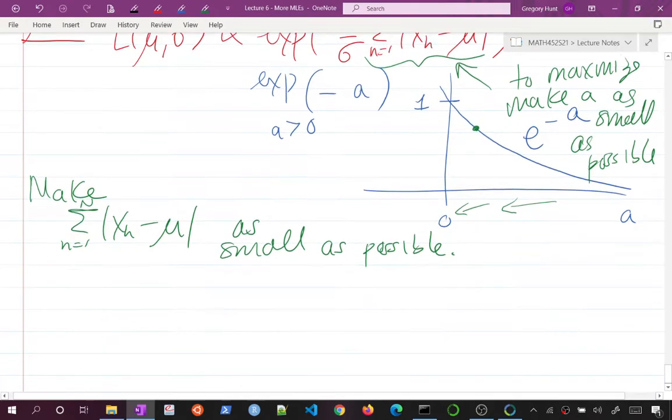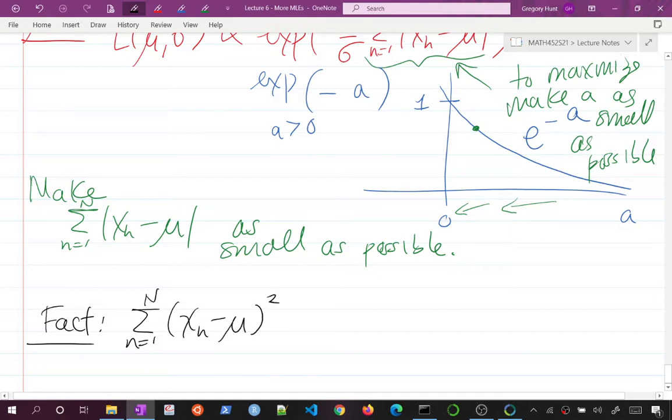So there's a fact, and I'm going to write down 2 facts. The first fact is that if I were to replace this with a square, like in a normal distribution, this is minimized if mu is equal to x bar.